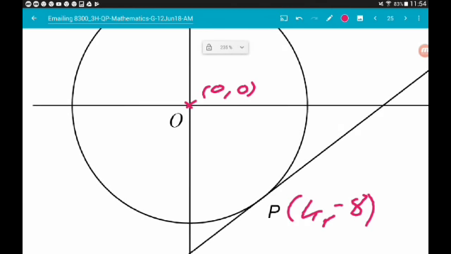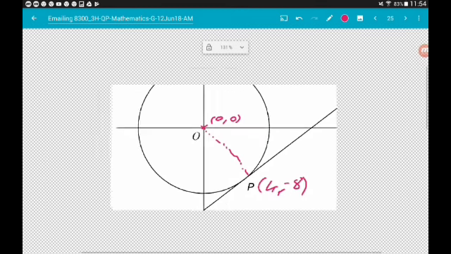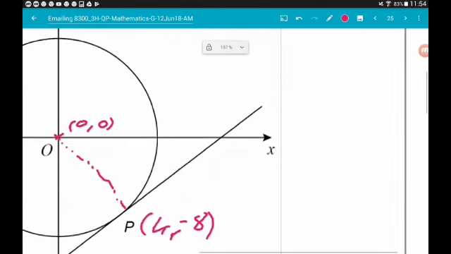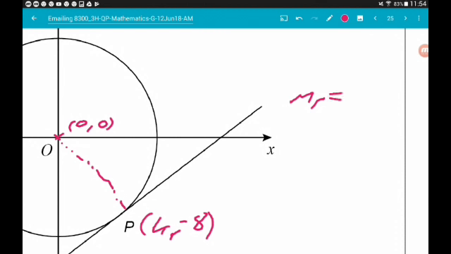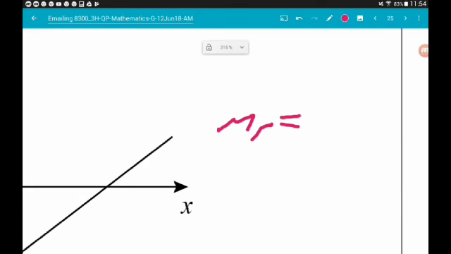So the radius is a line coming out from the centre to point P. So I'm going to call this M R, so gradient of the radius. Now gradient is the difference in y divided by the difference in x. So here I'm going to do minus 8 minus 0.